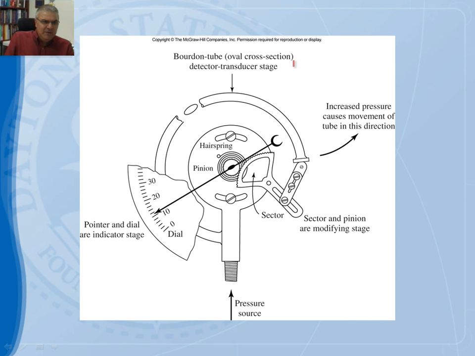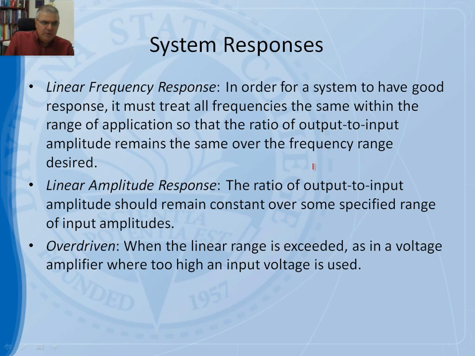It's important to realize the detector transducer stage is performed at this stage, as the pressure is increased in this oval cross-sectional tube, and that in turn affects the sector, and the sector affects the pinion, and so on. That's how it really works.